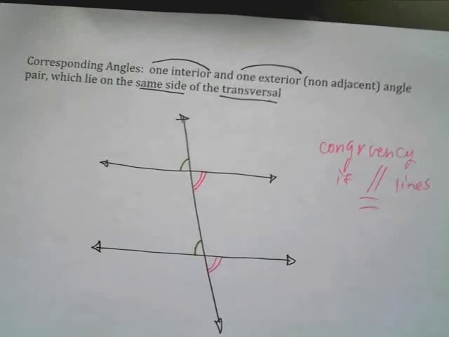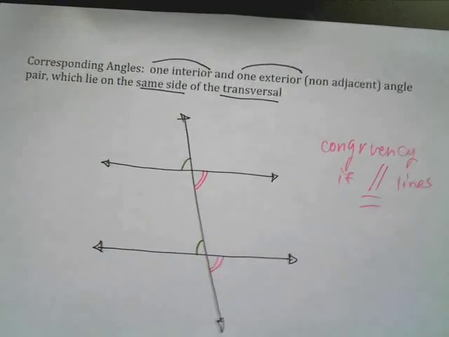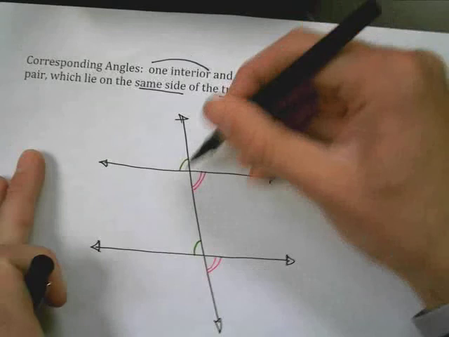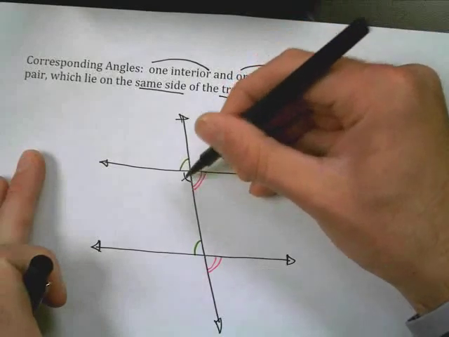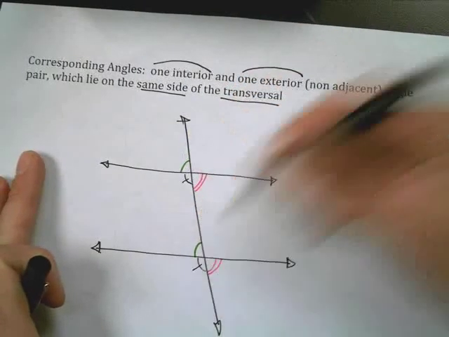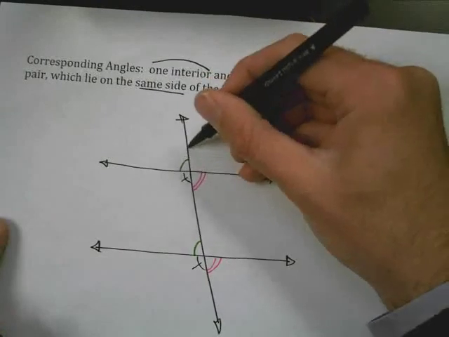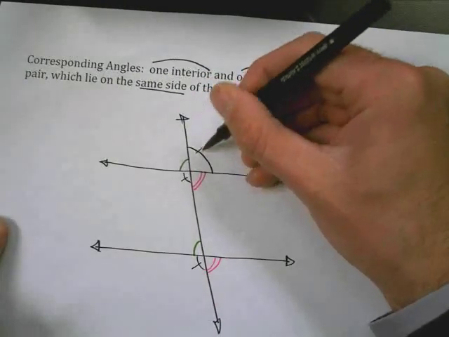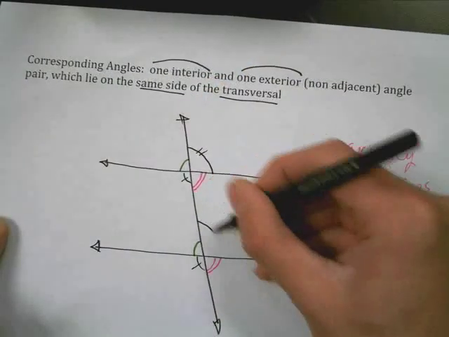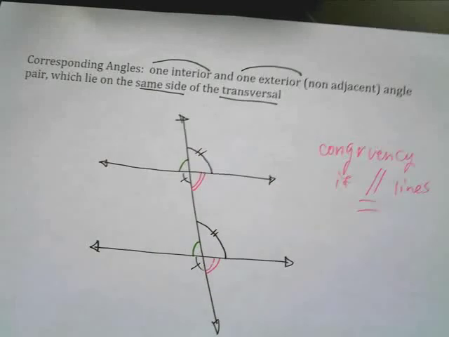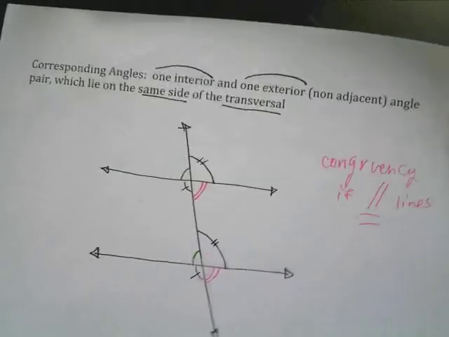There's two more sets of corresponding angles. There's one right here, and we slide all the way down to the other one. There's also another one right here, and we slide down right there. So those are 4 pairs of corresponding angles. Got it?